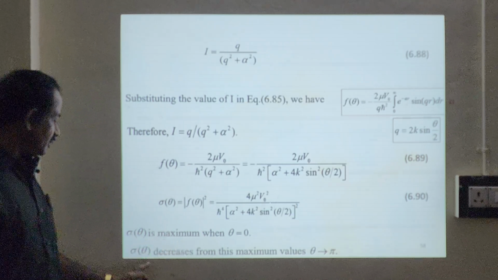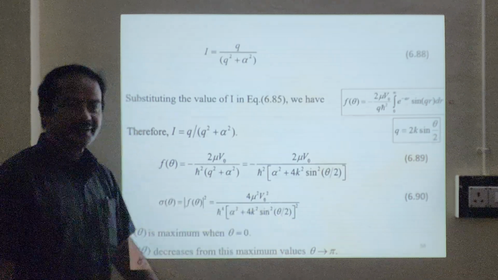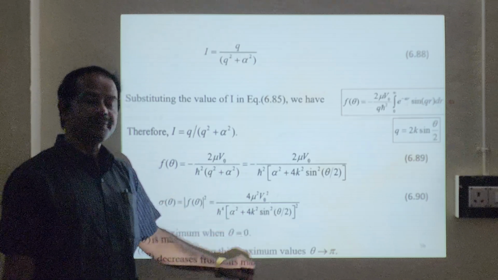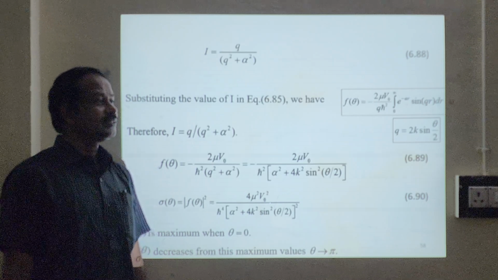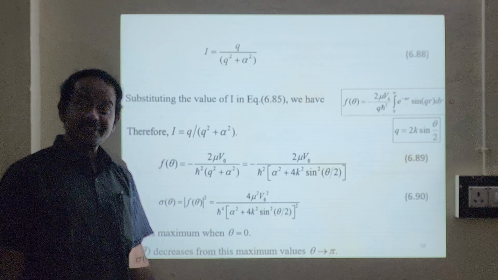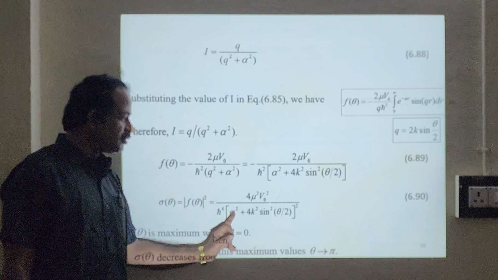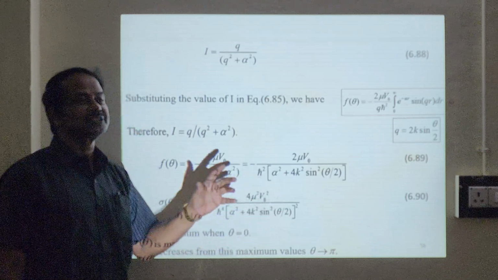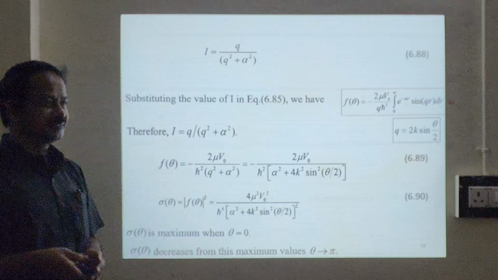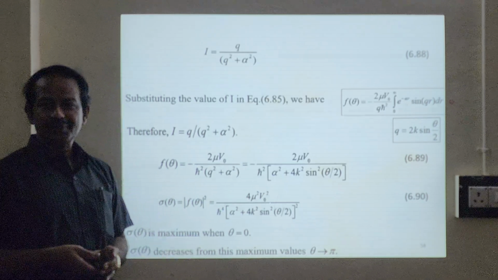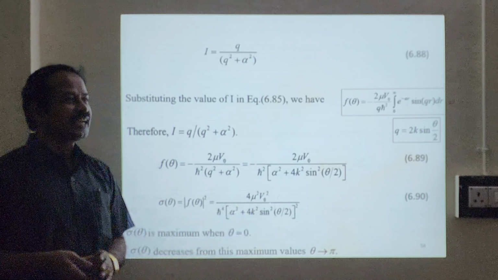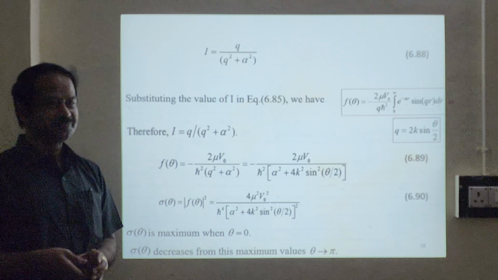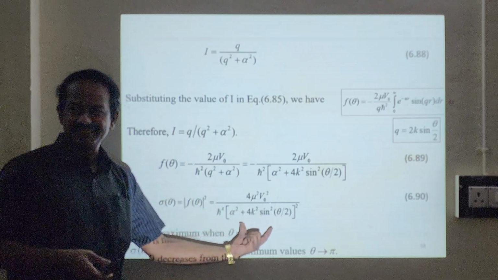The maximum value. Now, when theta equals pi, what is the answer? Pi by 2 will be 90. Sin 90 is 1. So alpha square plus you will have 1 value. What is this total expression value? Will it decrease or increase? You are going to add these two, and it is in the denominator.